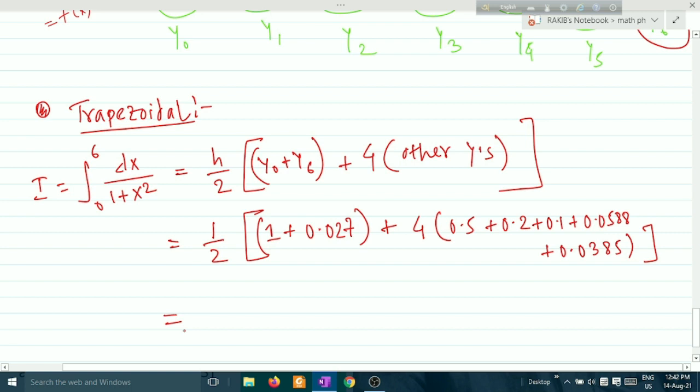This will be 1 plus 0.027 plus 4 times 0.5 plus 0.2 plus 0.1 plus 0.0588 plus 0.0385, divided by 2.